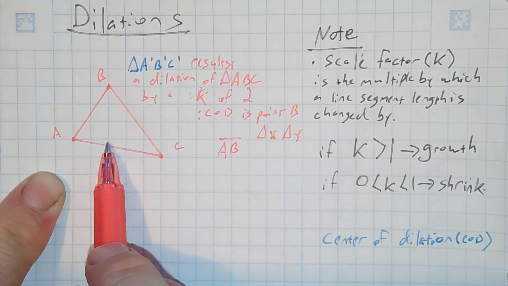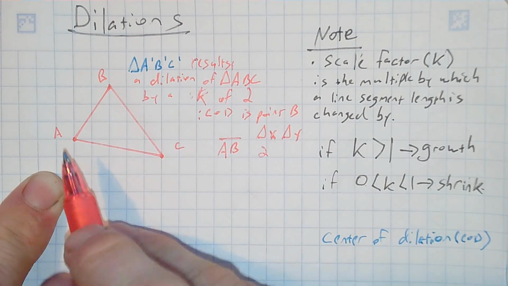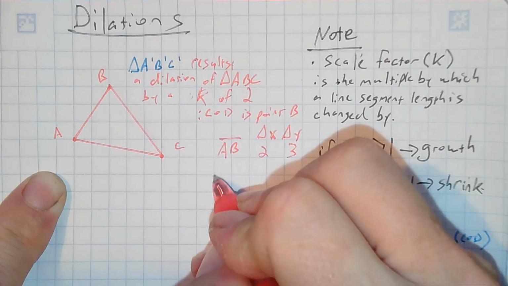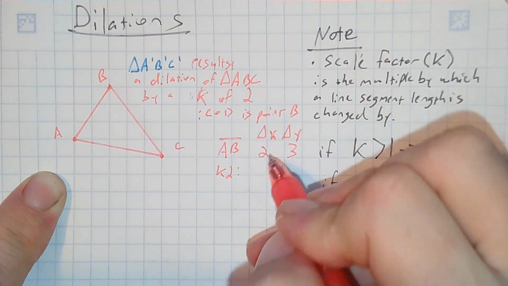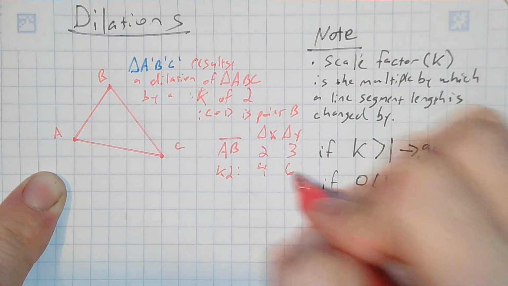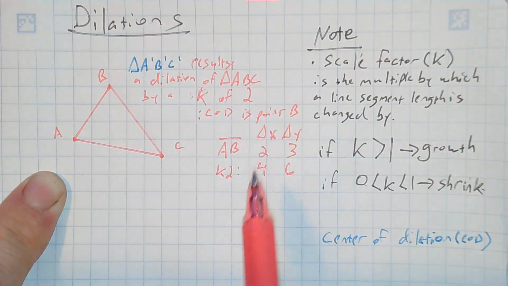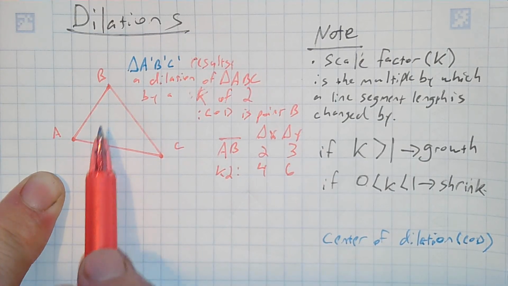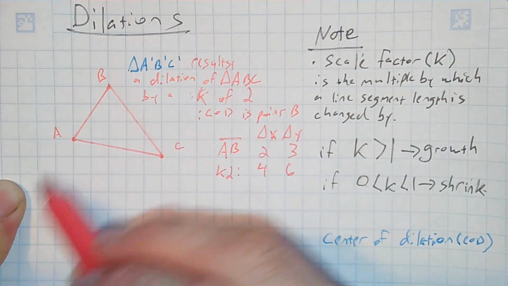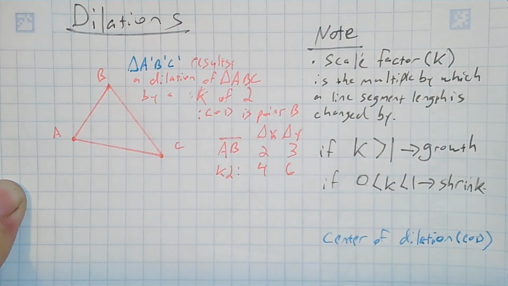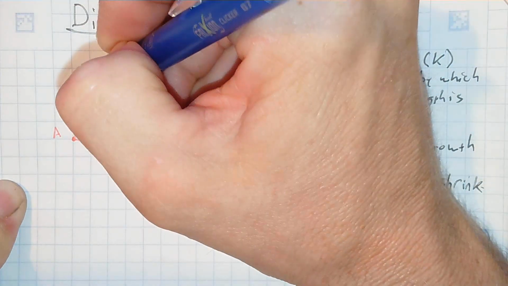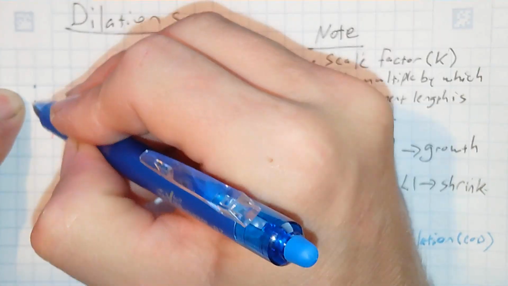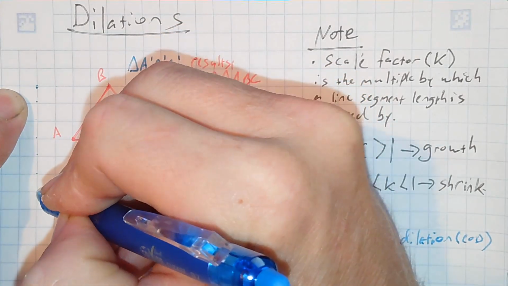Okay, so the change in X from AB is 2, and the change in Y in AB is 3. When I apply a scale factor of 2 to that, it's going to double this, 4 and 6. So now instead of being 2 and 3 away, it's going to be 4 and 6 in the X and Y direction. And of course, in order for it to grow this way, it's got to go over 1, 2, 3, 4, and then it's going to go down 6, 1, 2, 3, 4, 5, 6.